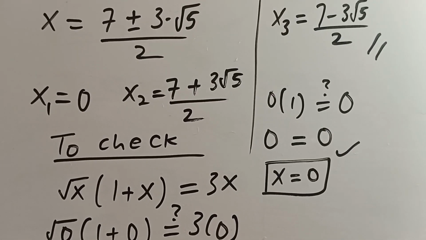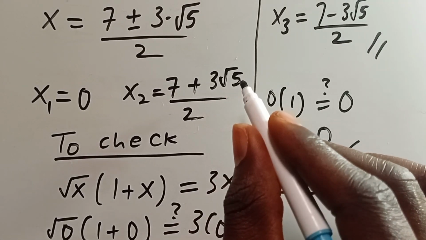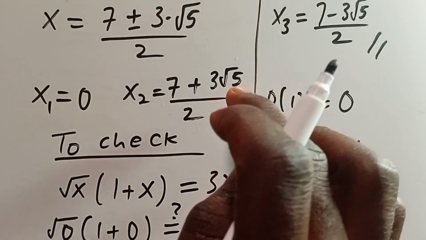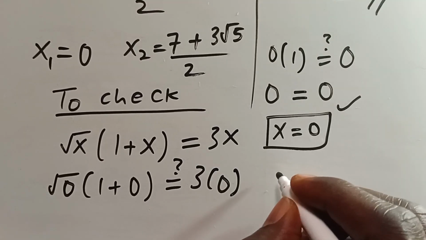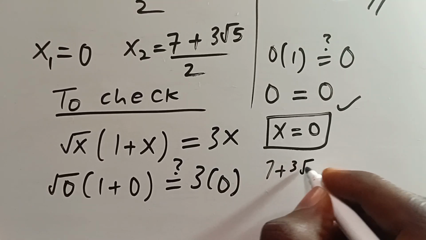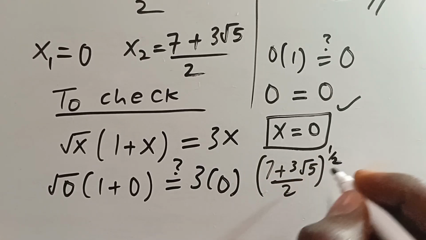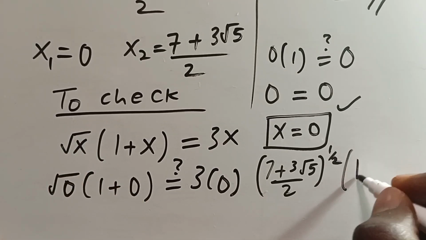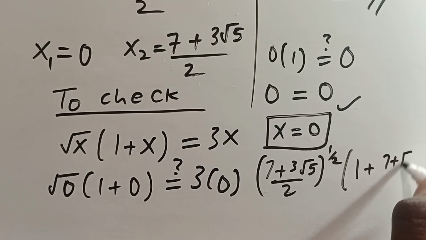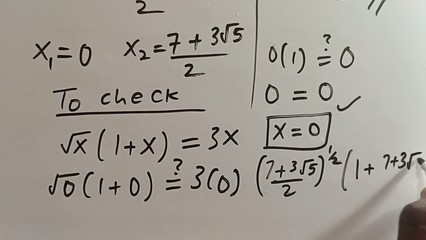Then let's also check for x equals 7 plus 3 root 5 divided by 2. So from here, we are going to have 7 plus 3 root 5 divided by 2 in parentheses to the power of 1 divided by 2 because of this root, then multiplied by 1 plus 7 plus 3 root 5 divided by 2.